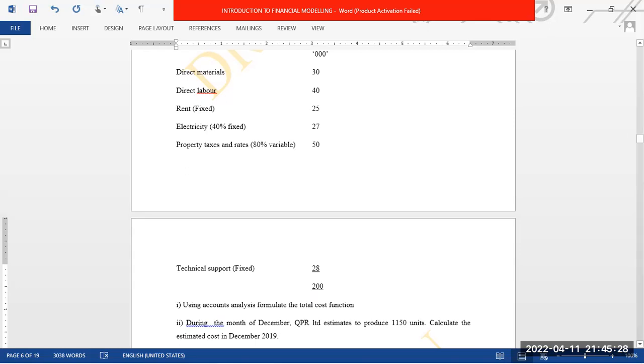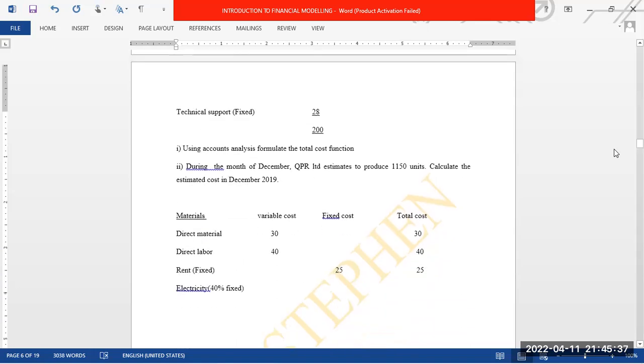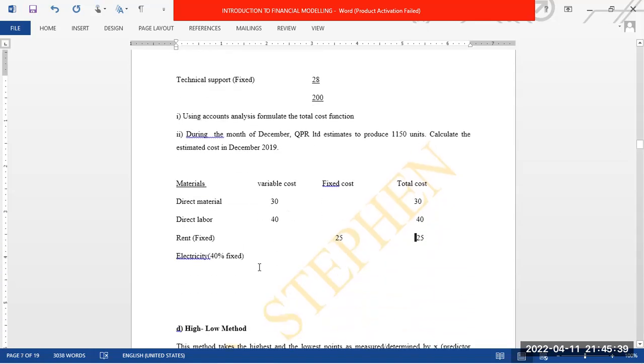You'll find that 10.8 is fixed, then 16.2 is variable.